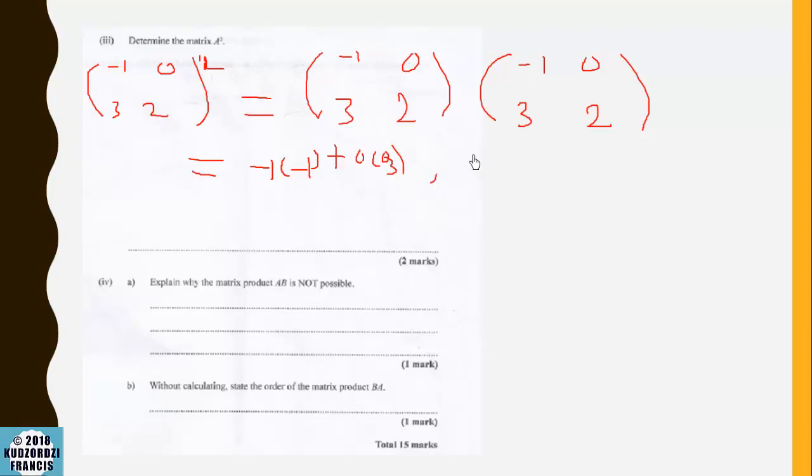Then negative 1 times 0 plus 0 times 2. Then we have 3 times negative 1 plus 2 times 3. Then 3 times 0 plus 2 times 2.